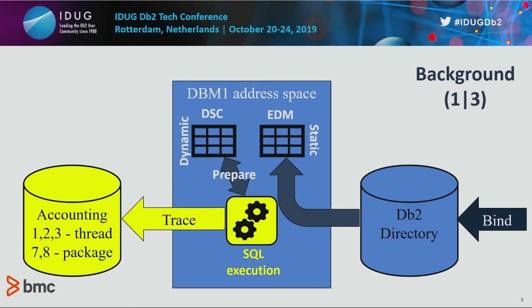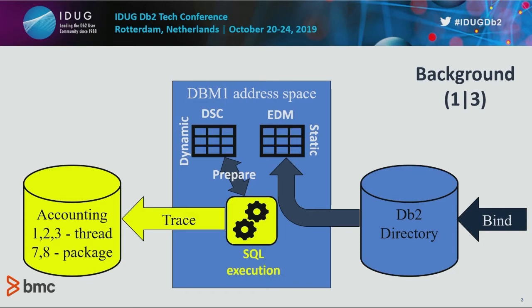So back in DB2 version 5, IBM introduced the dynamic statement cache. At the time, that was not something that the SQL execution really interacted with, except at prepare time.